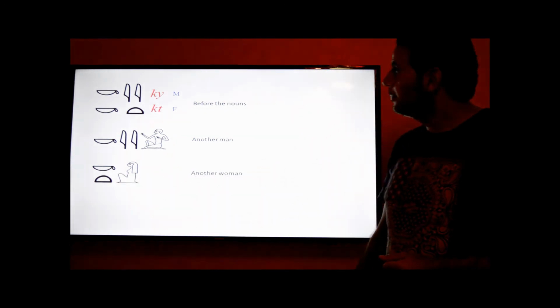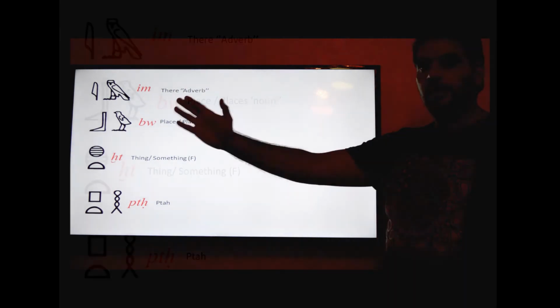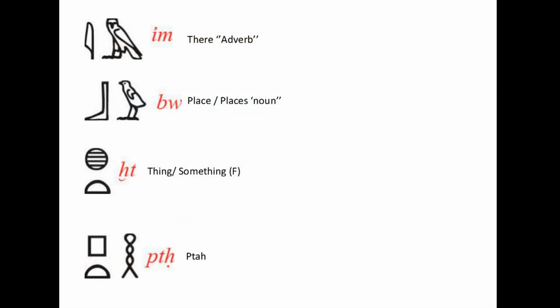Okay. We have the word im, which means there, and it can be used as an adverb. We have the word bu, which means place or places. Why place as singular, places as plural? Because it ends with W. We understand that in the ancient Egyptian language, when they wanted to express plural, they added W at the end.